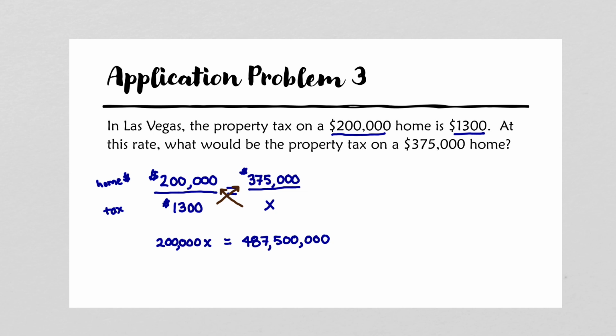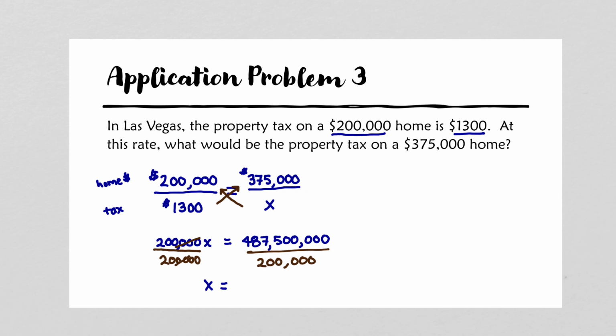Now we go ahead and divide both sides of our equation by 200,000. Thank goodness for calculators is all I have to say, though we could do it by hand if we wanted to. So let's take 487,500,000 and divide by 200,000. Make sure you type the correct zeros in if you're putting this into a calculator.